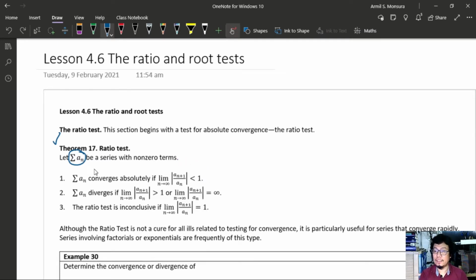This series is not necessarily a positive series. At this point, the series we consider is either a positive series, an alternating series, or a series that contains positive and negative terms.